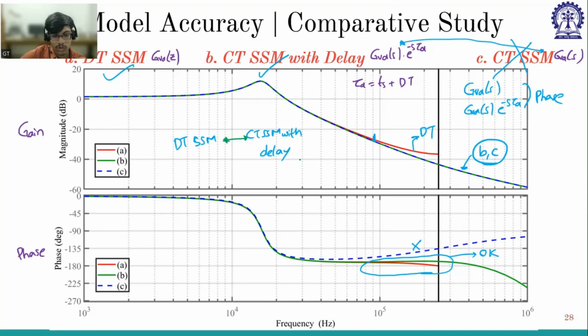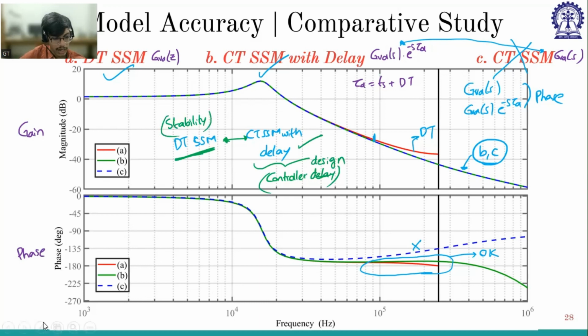I can use this for controller design because it would be easy to design a controller in S domain. We know it much better, and we can correlate Bode plots and everything easily. So we can use the continuous time model with delay for controller design. But is this sufficient? No, it will not give us the entire stability of the system. So for stability and nonlinear behavior, we use the discrete time model.